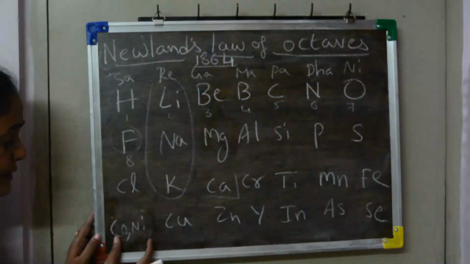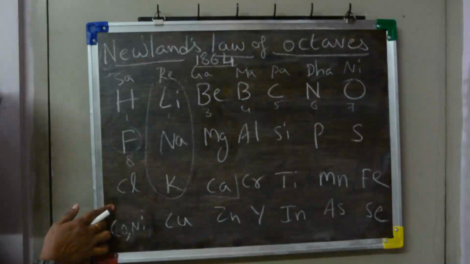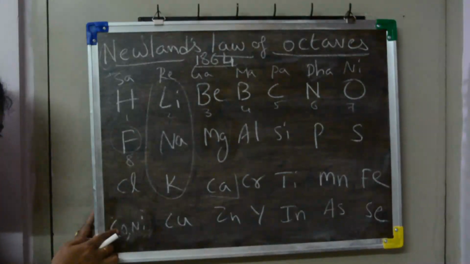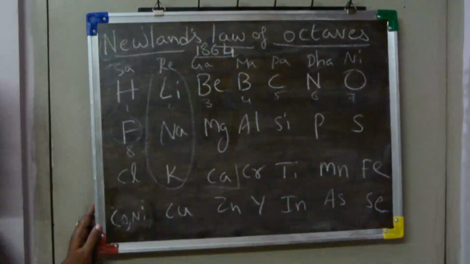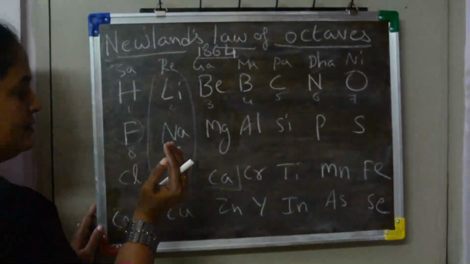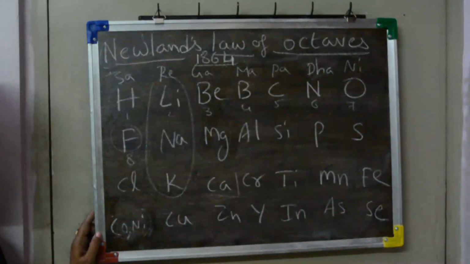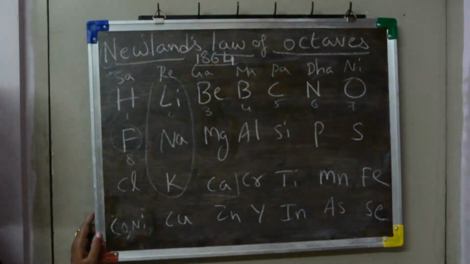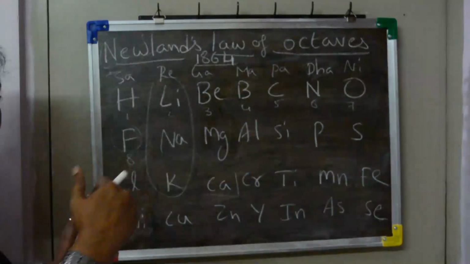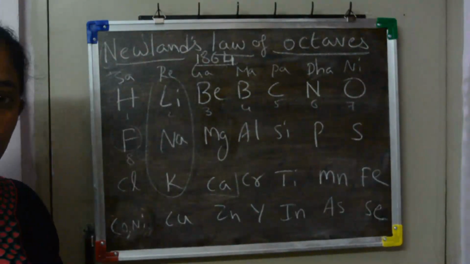And cobalt and nickel were coming under the group of halogens like chlorine, fluorine, and they don't behave similarly. Actually, cobalt, nickel and iron were showing similar nature. So it was successful till the element calcium. After that it was not successful, and when new elements were being discovered or introduced, this order was not coming correct. So that was a limitation or drawback of Newland's law of octaves.